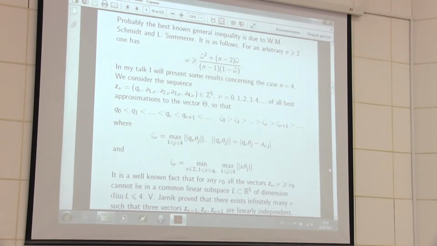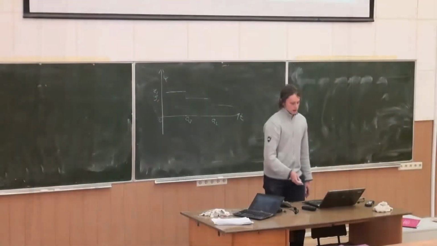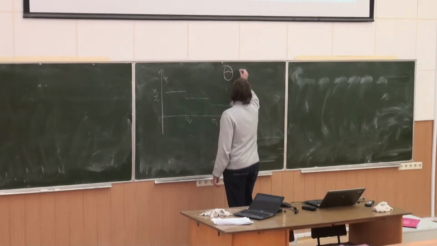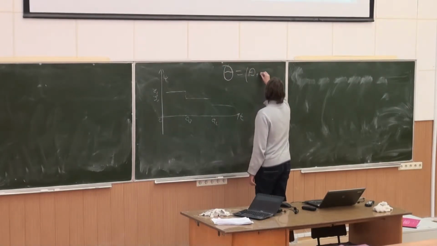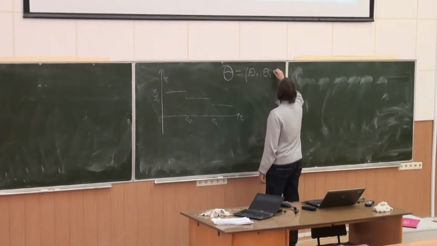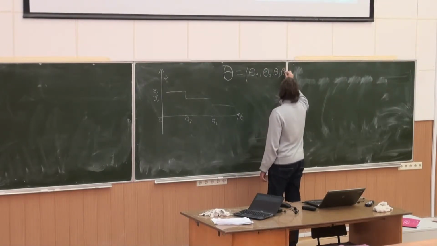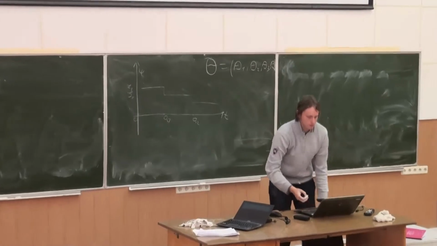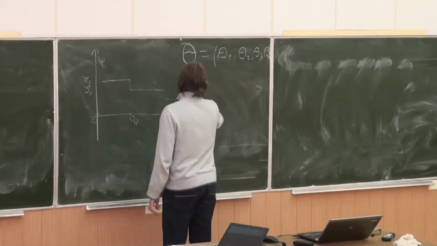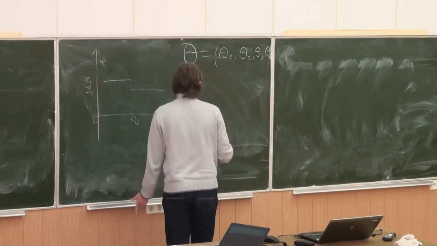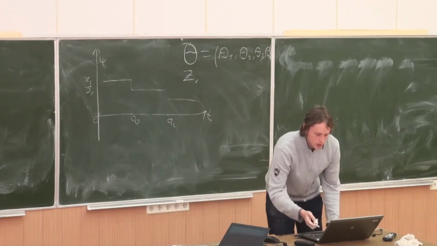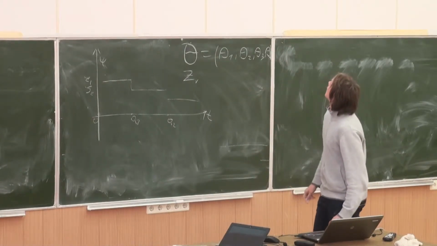Now, some definitions I've told them. We consider the vector theta. And we can consider the sequence of best approximations zeta sub mu, and the values are as written in the slide.